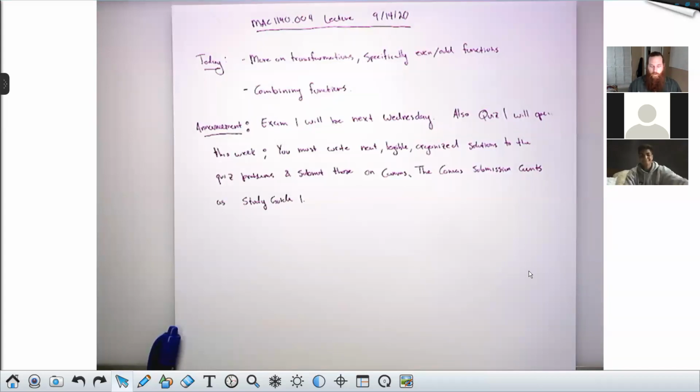So I'll run through that procedure again. You're going to go into WebAssign and take quiz 1. After you finish quiz 1, you're going to review the answers. Right? Some you get right, some you get wrong. That is what it is. Then you're going to write out very neat, careful, perfect solutions to each problem, paying especial attention to the ones you got wrong, of course, on the quiz.